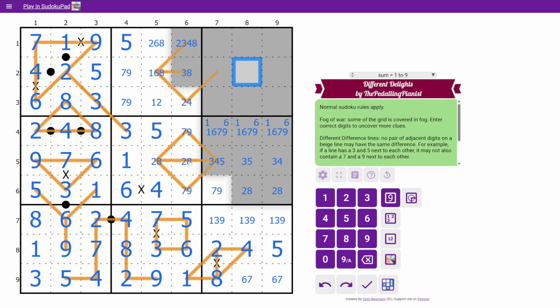Right, so if this is, well, these are going to have a 6 difference. One of these are going to be a 9, so this cannot be a 3.